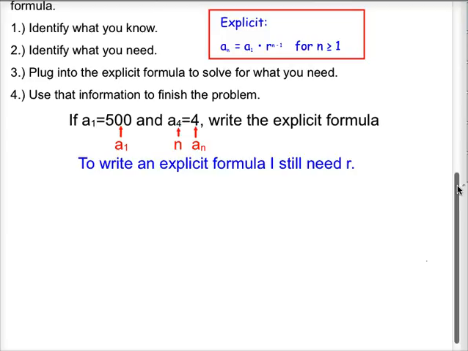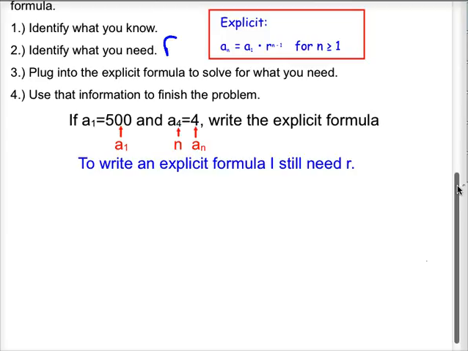Now, the one thing you probably noticed that I did not say that I have is I don't know r. But to write the explicit formula of a geometric sequence, I need to know what that r is. So that's going to be my first goal. And again, you always use explicit formula to find a missing piece of information.